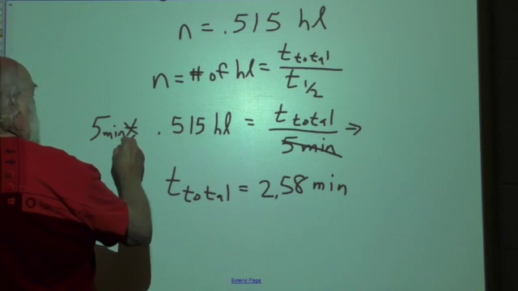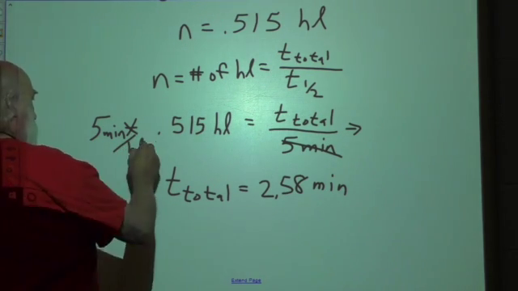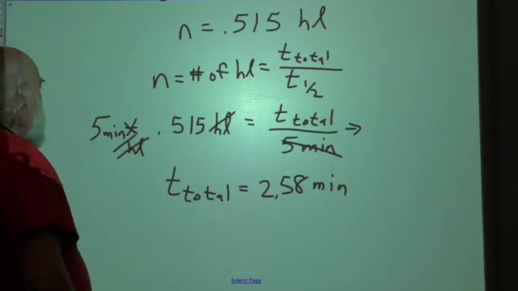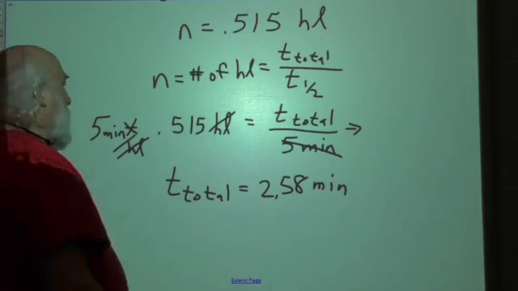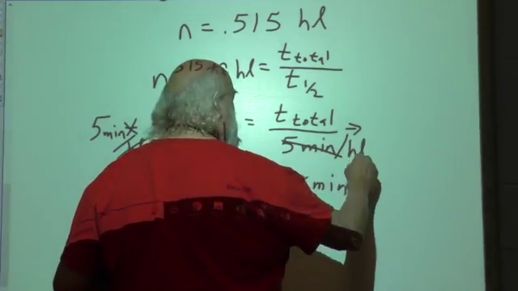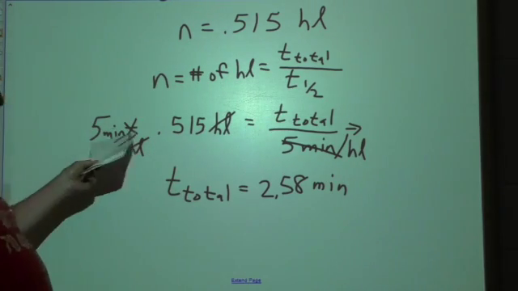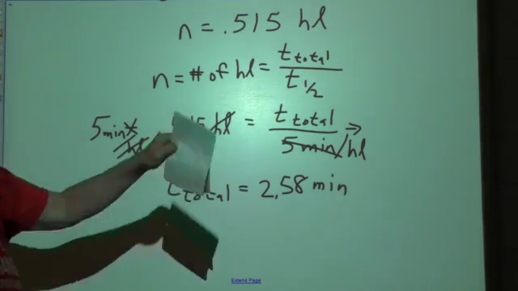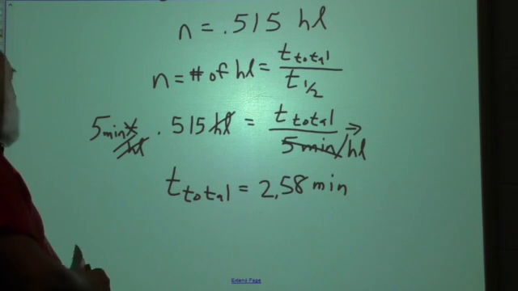This is minutes per half-life, is the label there, and that's why the half-lives cancel out. So anytime you have half-life, it is minutes per half-life, not just minutes. That way the labels half-lives will cancel out, and you have your final answer of 2.58 minutes.